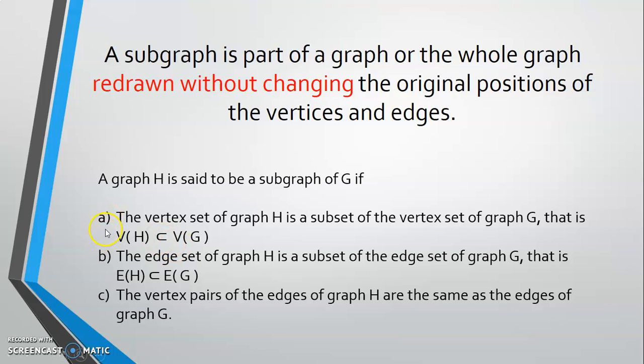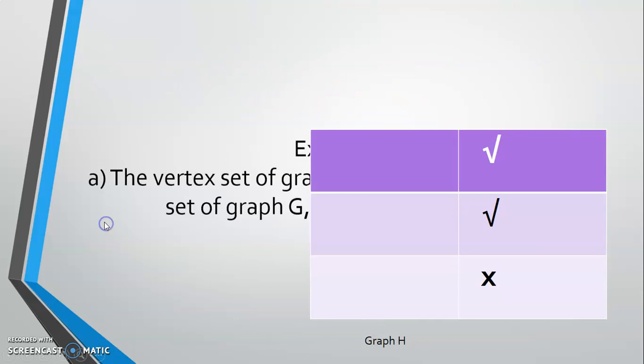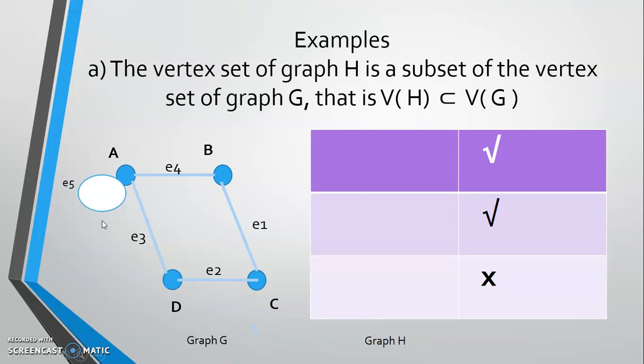So now we look at example A first. I gave you 4 vertices A, B, C, D. E1 is the edge 1, E2 is edge 2, E3, E4, and E5.